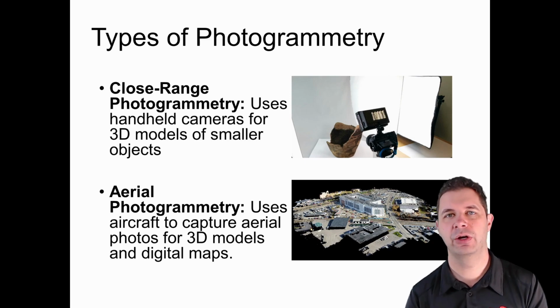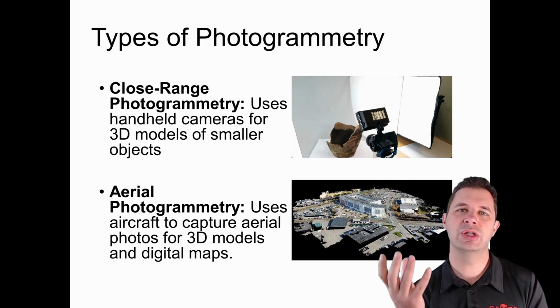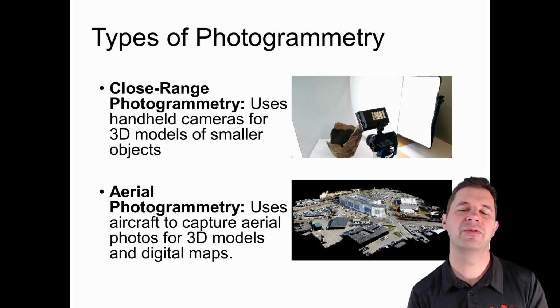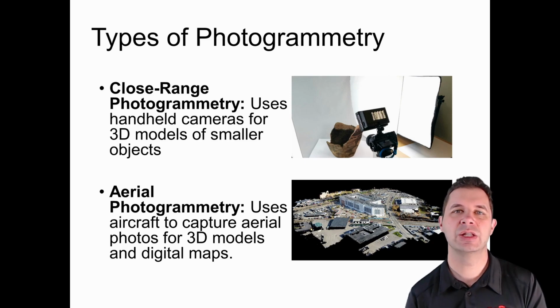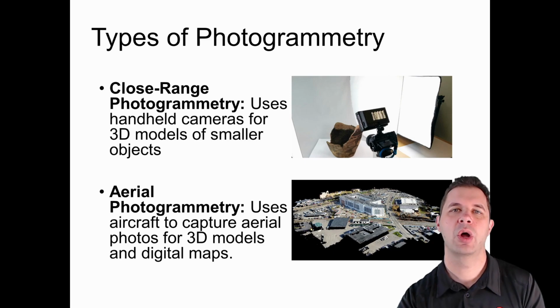Then we have aerial photogrammetry, where we essentially use aircraft or drones or something like that to get images from the sky. Each of these different applications has different uses, and it really depends on what data we want and the size and scale of the thing that we're trying to analyze.